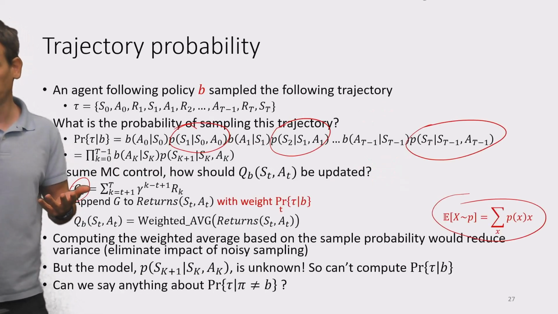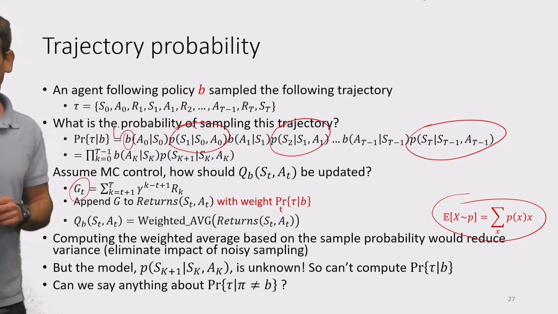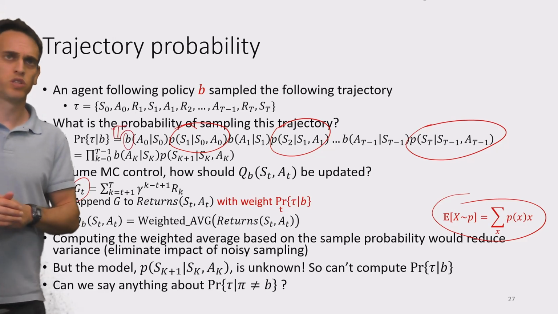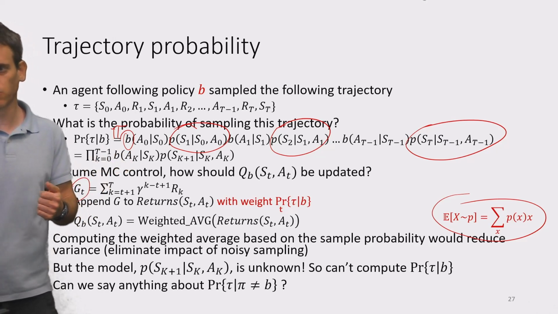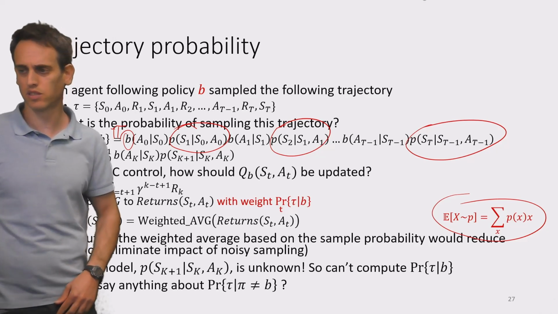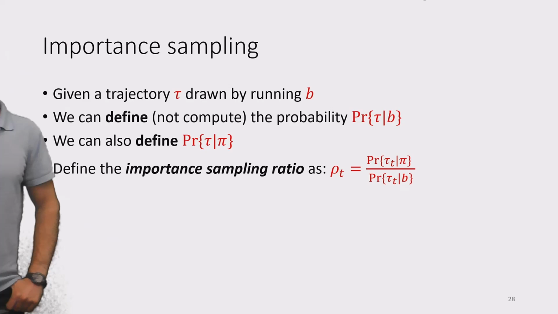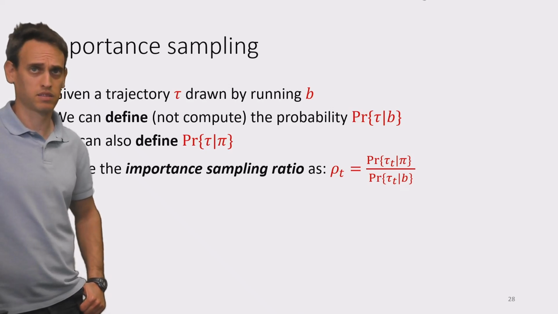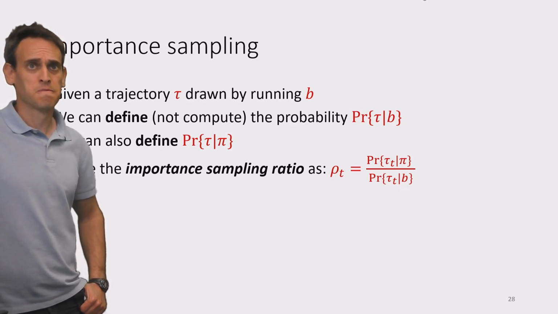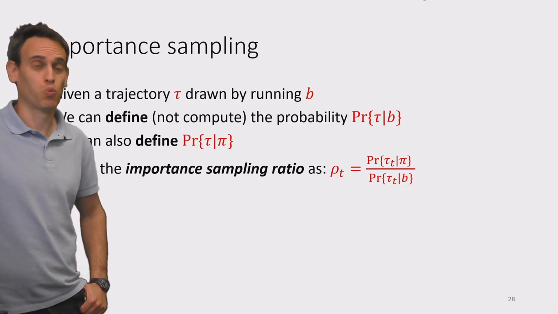It would simply be to replace the B here with some target policy, which we assume to know. We know our target policy, we know our behavioral policy. We assume to know them. Both of them are soft policies in the general case. So again, we can also define this probability for some target policy, but we don't assume to be able to compute it.